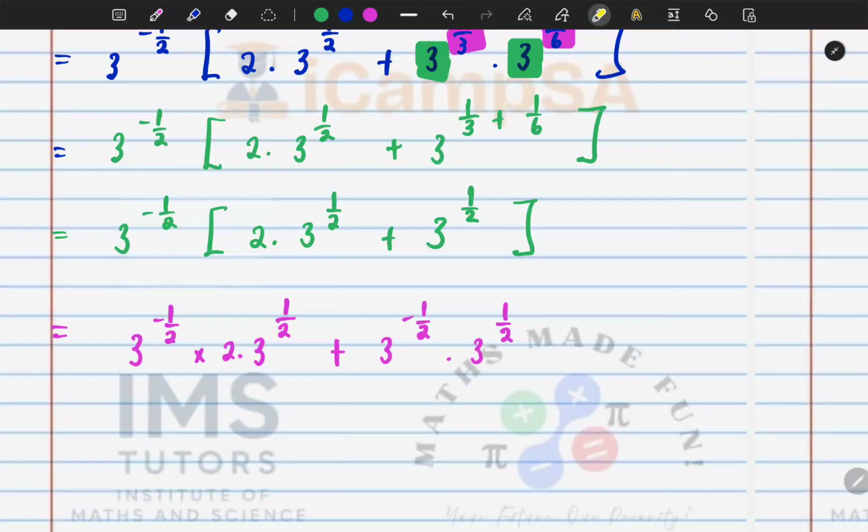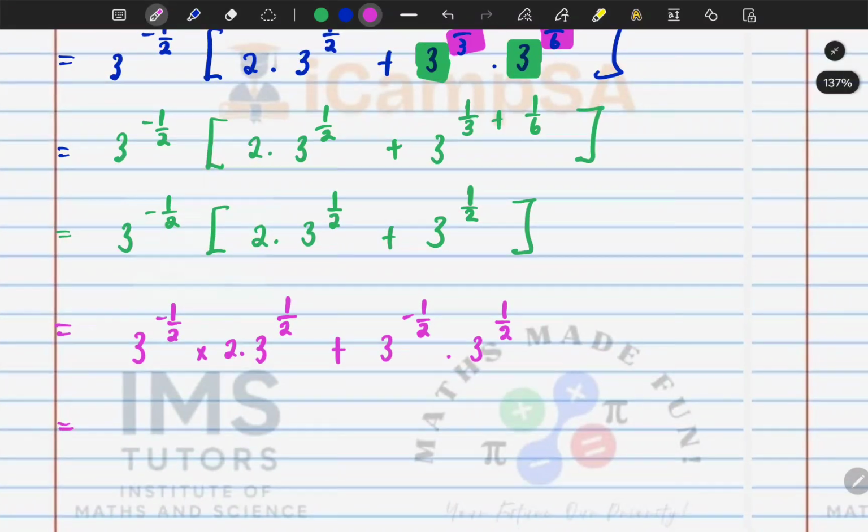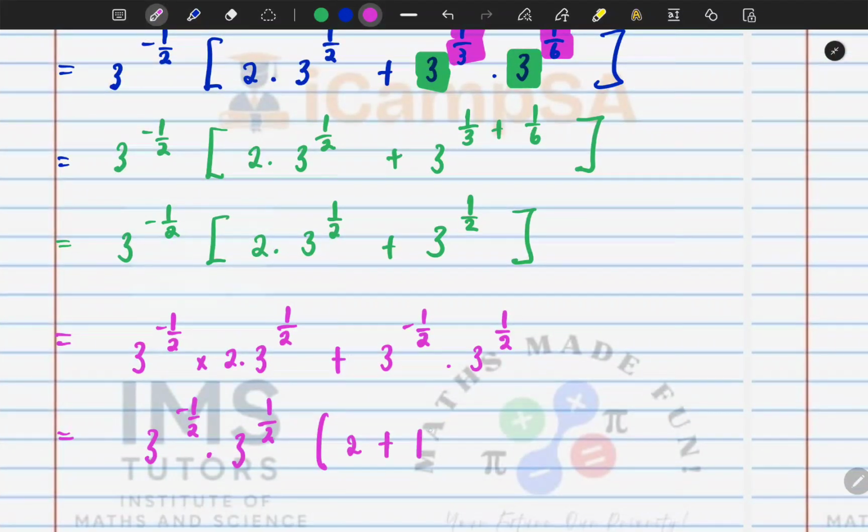So this and that and that and that are common factors. What we are going to do now is take out the common factor from both. We are going to say 3 to the power of negative 1 over 2 times 3 to the power of 1 over 2, which is going to leave us with 2 plus 1.